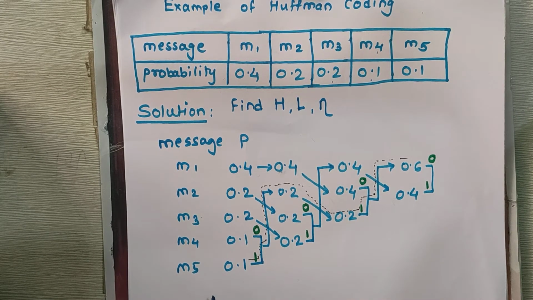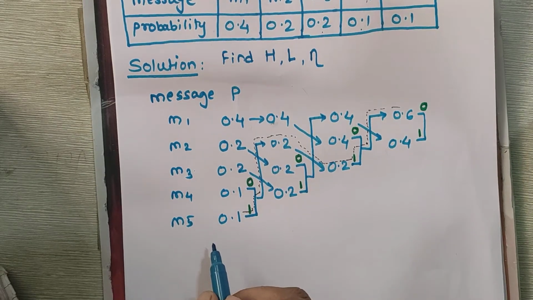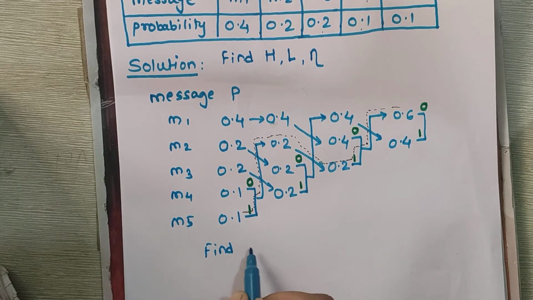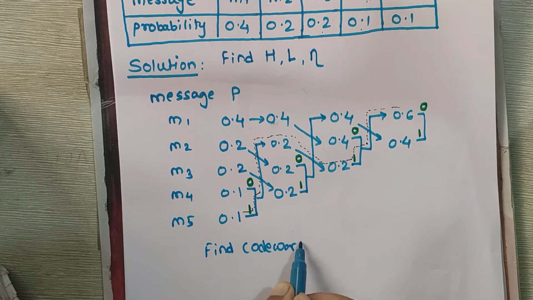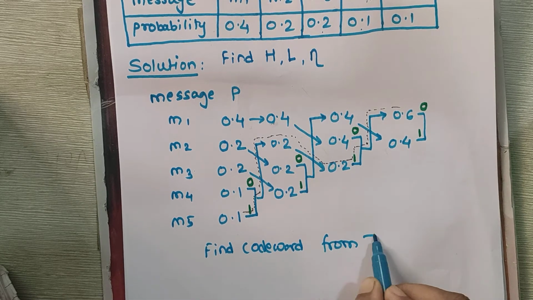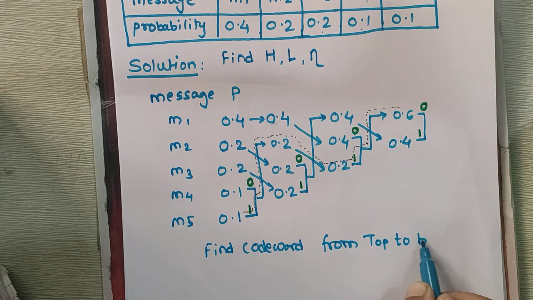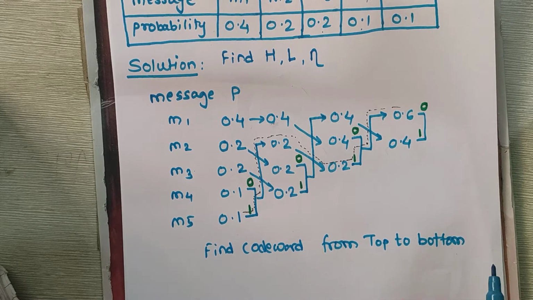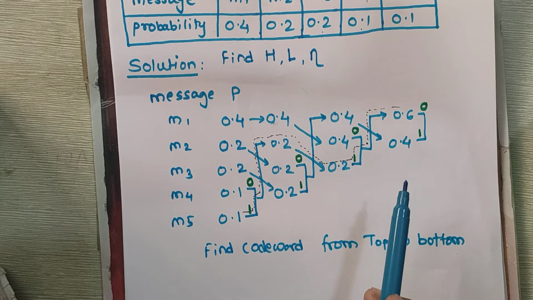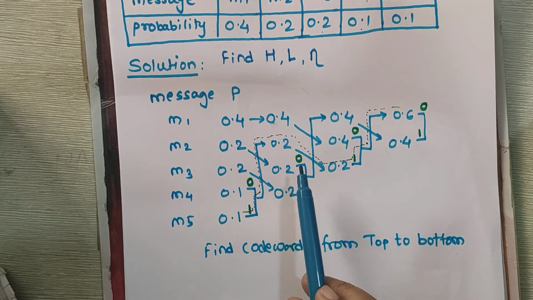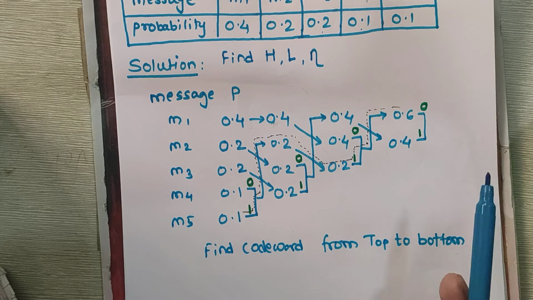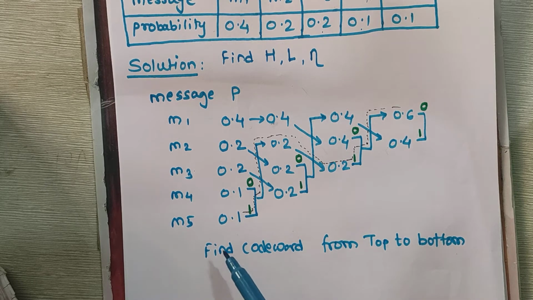First you have to find the track for each message, and from top to bottom find the code word for the given message, and then complete one table having the message, probability, the code word, and how many bits are there in the code word.